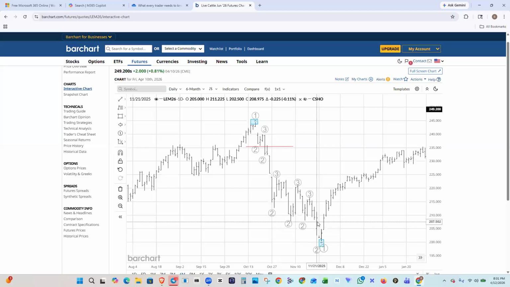In other words, if that was a number 2, up above that, which will be now the new number 2 on a 1, 2, 3 bottom, would be our number 3 if it was still continuing down. Are you following me? But it failed. So now, that last number 2 is now a number 1. And we have a number 2 where we would have put that number 3. Are you following me?